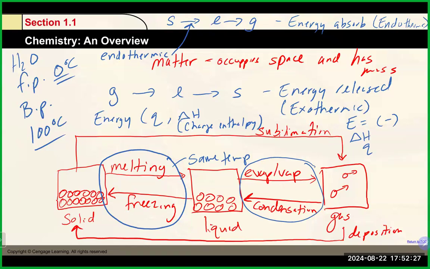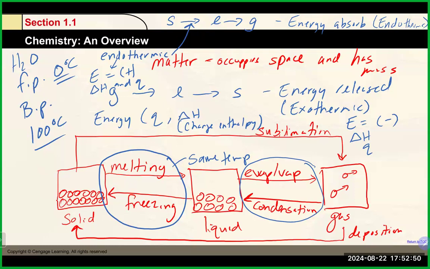Endothermic is opposite. When you calculate energy for endothermic processes, you will get a positive number. Same thing for delta H, and Q will also be positive numbers. So these are things to look at because they do assume that you looked at the energy chapter as you go through the book.